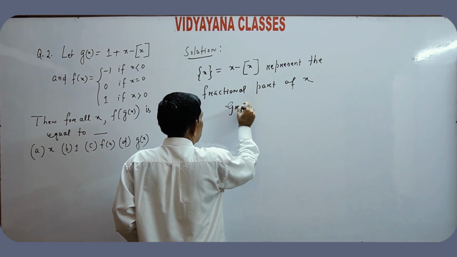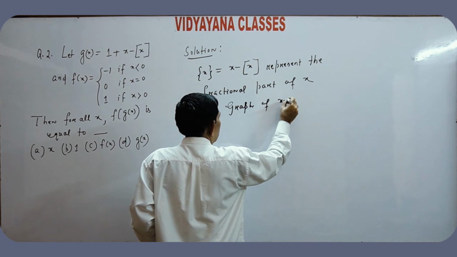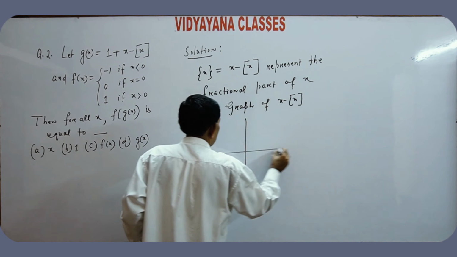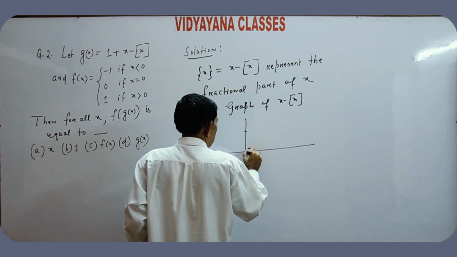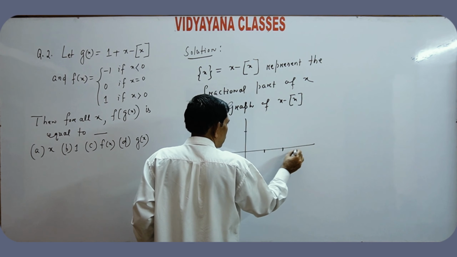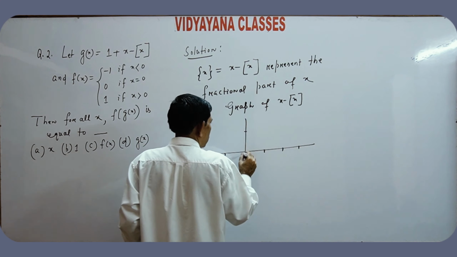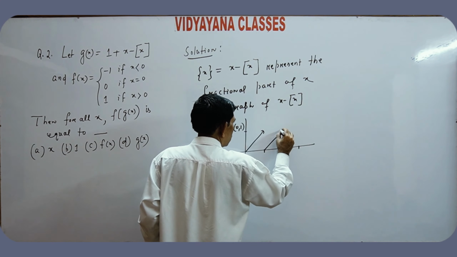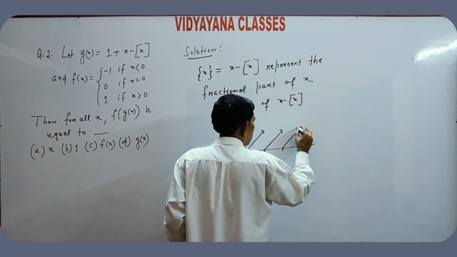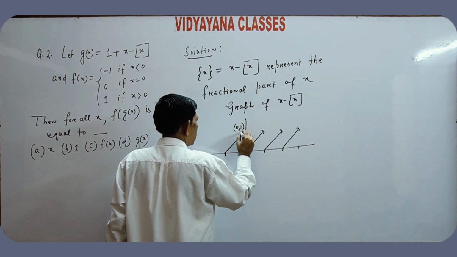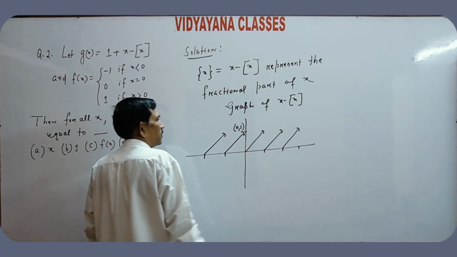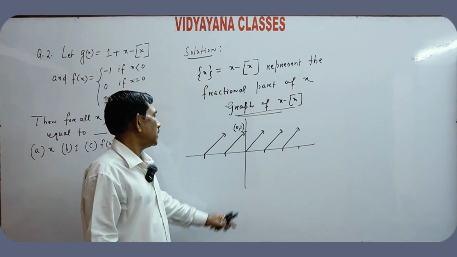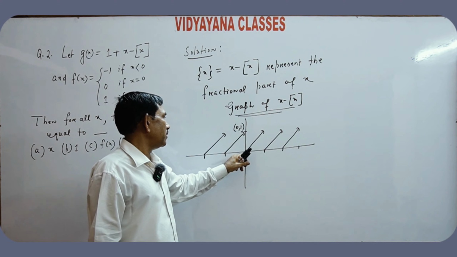Graph of x minus [x]. It is the graph of x minus [x], whose maximum value is less than 1 and minimum value is 0.